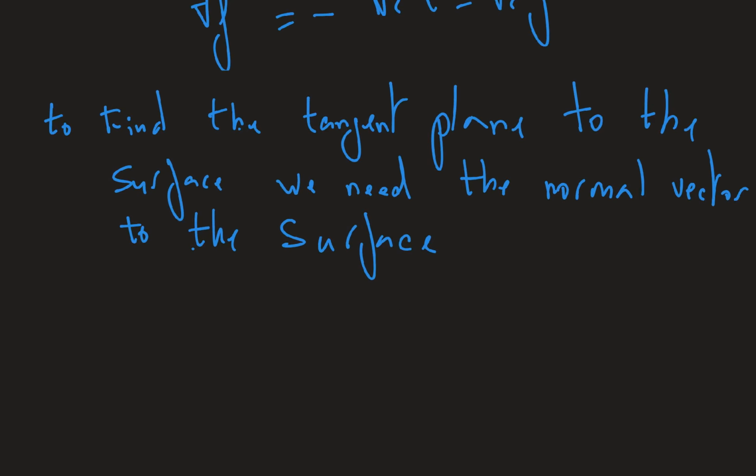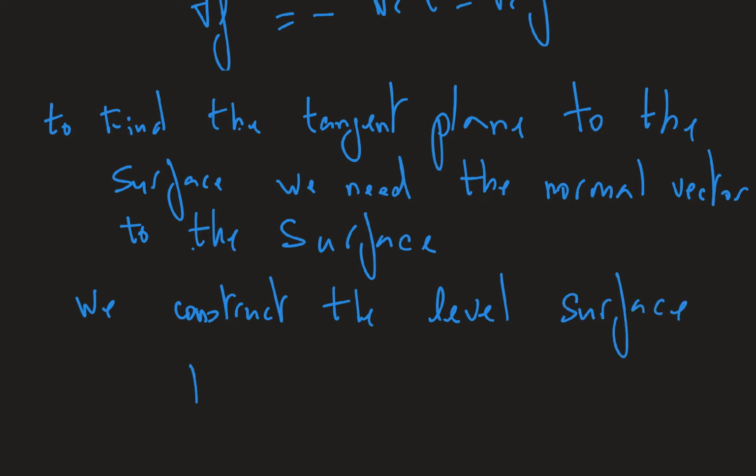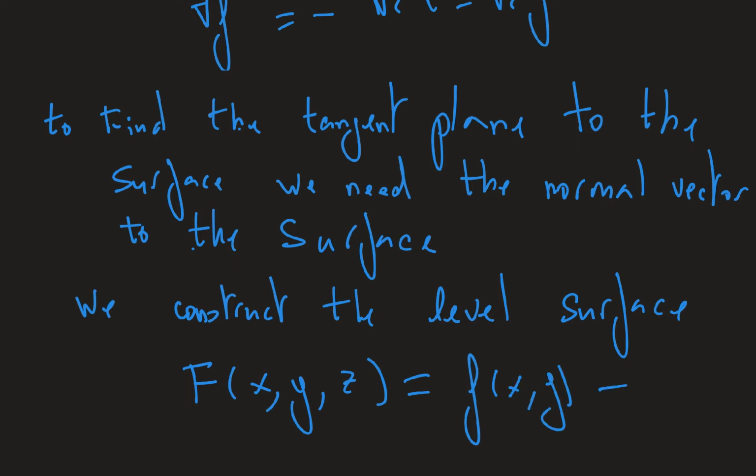We construct the level surface. What is the surface that we'll construct? The level surface, capital F of x, y, z equals f of x, y minus z.